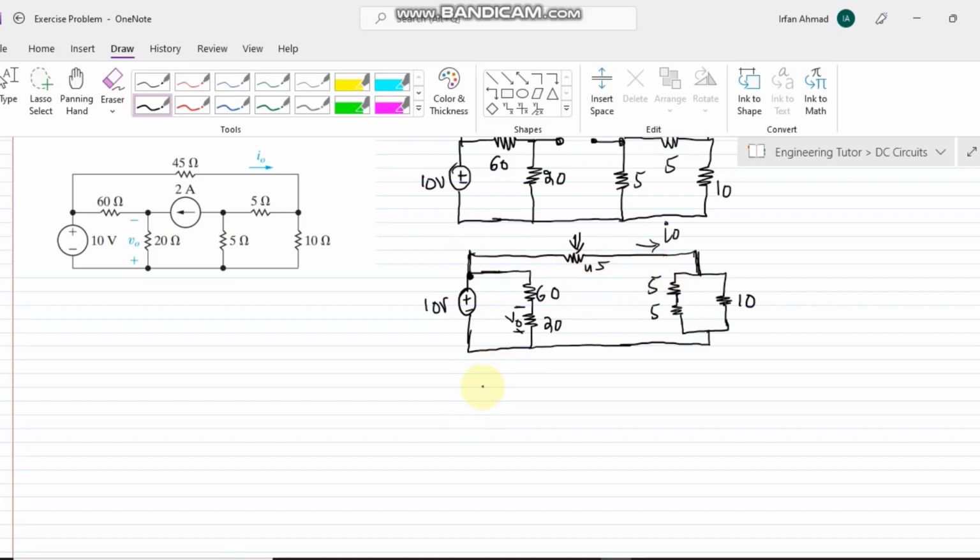So again now, and the same branch is now connected here.